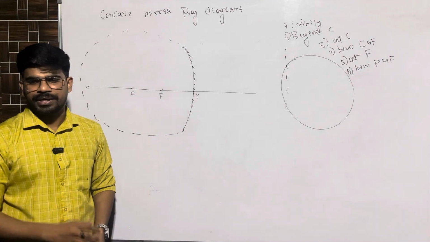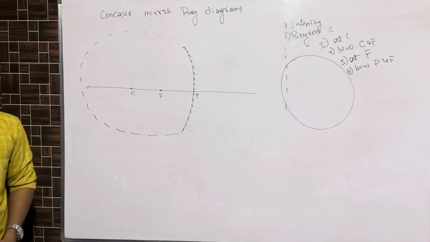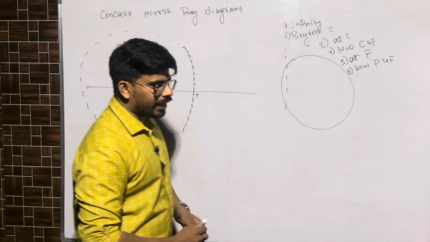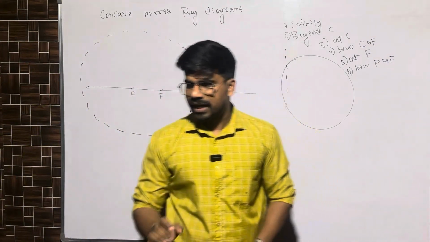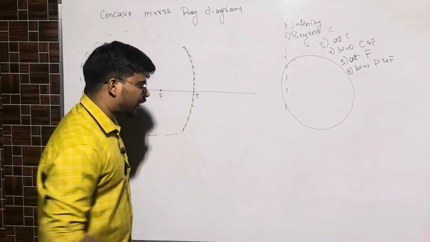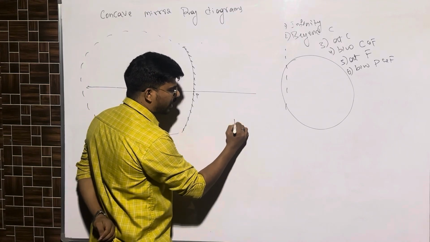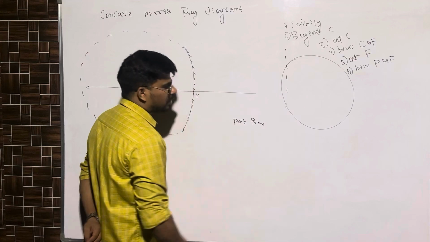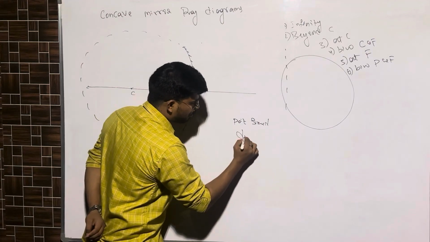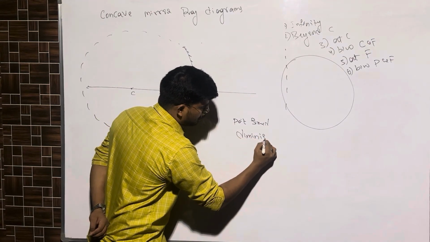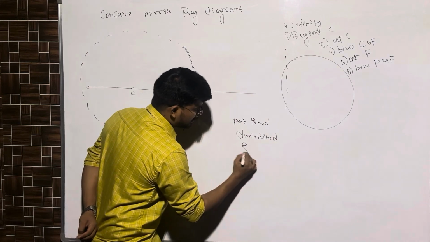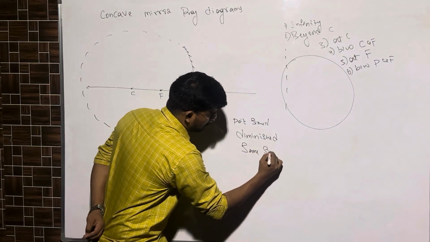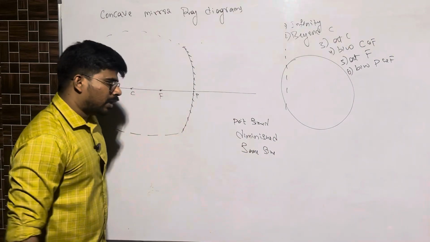Real, inverted, diminished, magnified. So you have to know certain terms before getting into the ray diagrams. For size we have 5 terms. Starting from point sized. Second, diminished. Third one, same size. Why are we doing this? You'll get to know in a bit, have a little patience.